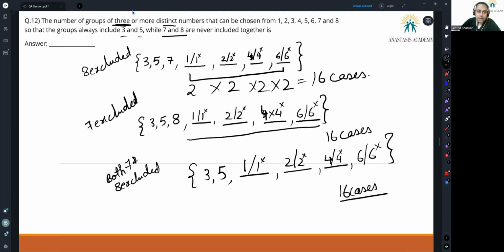But the question told me it has to necessarily be at least a 3-element group, which would mean one of these 16 cases is unacceptable, where none of the numbers come, but everything else is acceptable. So 16 cases from here, 16 cases from here, 15 cases from here, altogether we get 47 cases.